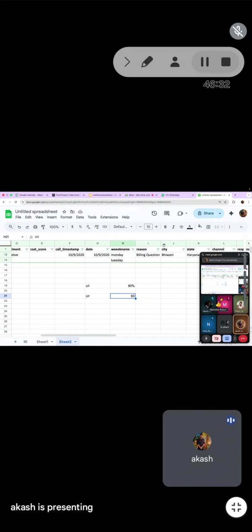Suppose this CR ratio is at date level or week level, and on a particular date the CR ratio decreased, then you need to check why it is happening. That's the same logic I'm trying to implement here. You can go with other logic as well, but based on my past experience, I'm just connecting my dots here.